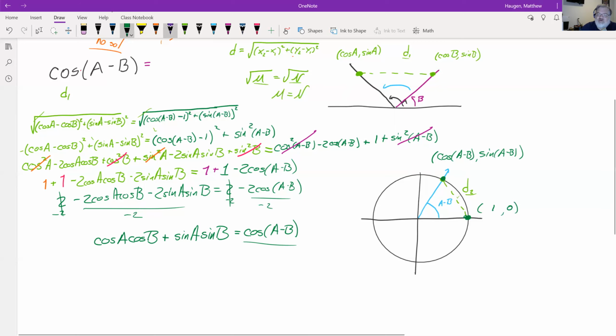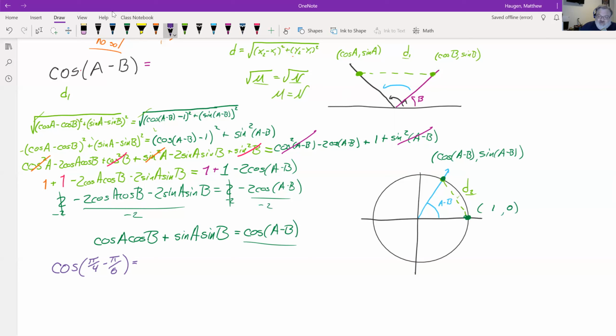So now, if somebody comes along and says, hey, I want to know what the cosine of pi over 4 minus pi over 6 is exactly, well, we know it's not cosine pi over 4 minus cosine of pi over 6, because that was negative instead of positive, and it's not a linear operator, so we know we can't do that. What can we do?